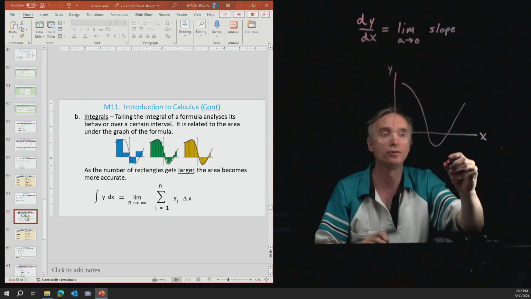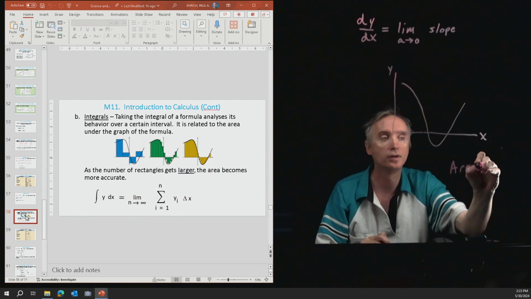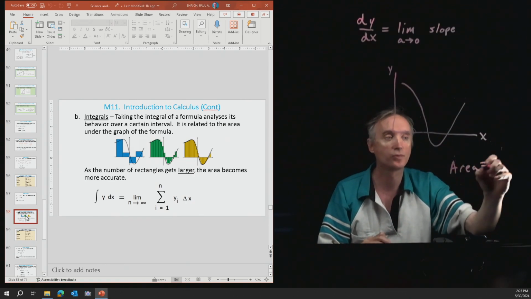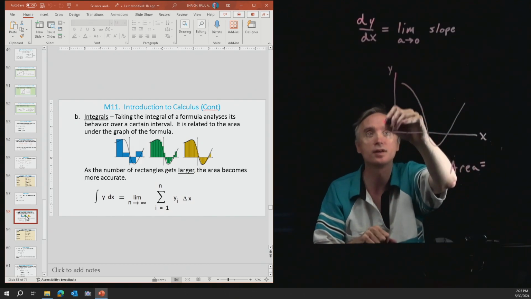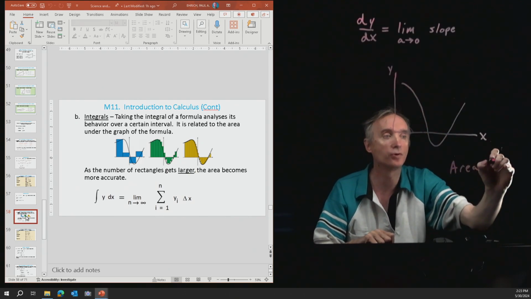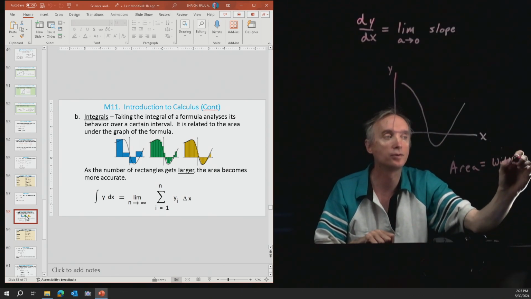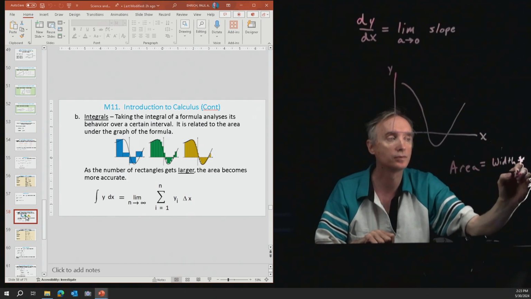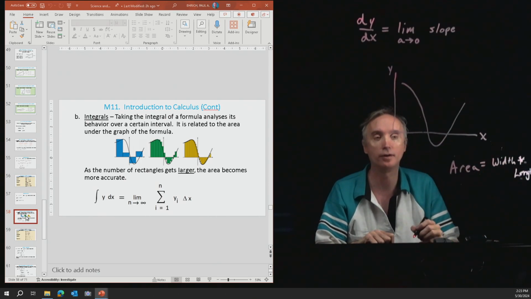So in general, area is going to be equal to width times length. Let's say this thing here is your width, and then you multiply that by the length. So width times length is area.